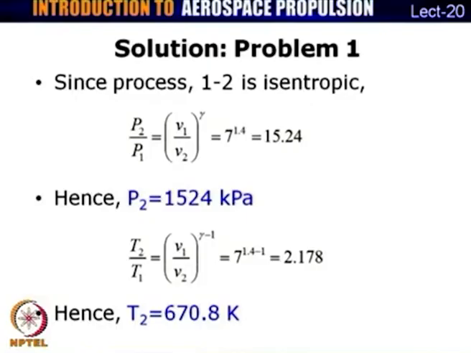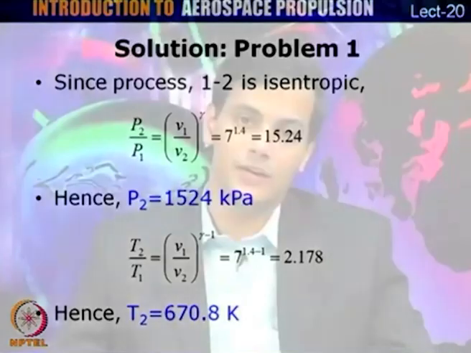So, we have now found the properties at state 2 from the isentropic relations, because process 1-2 is isentropic. Now, we shall be determining the properties of the cycle at state 3 and state 4, and in the process we will also find the work done per kilogram, efficiency and mean effective pressure.